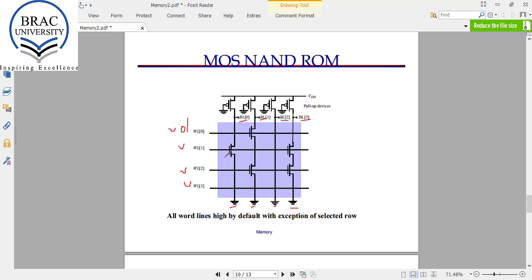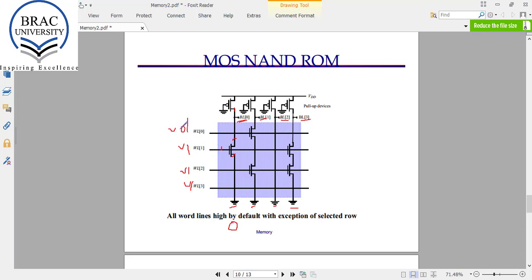For this bit line, this ground is connected here, and this is connected with the output BL0. The voltage at these points is 5 volts or logic 1. If the voltage here is 5 volt, then this transistor will turn on, and this will connect this ground with this output. So the value stored here at this location of word line 0, I can say is 0.